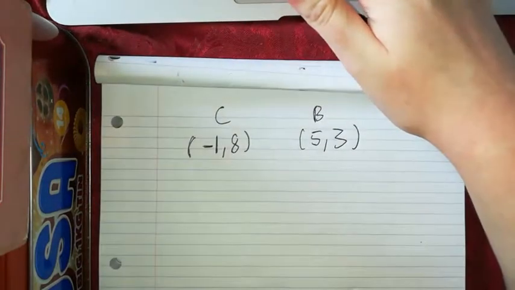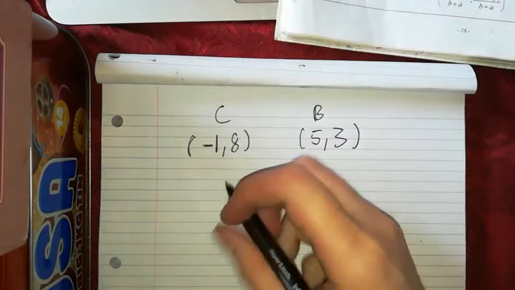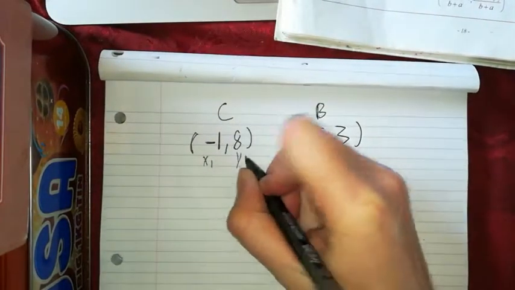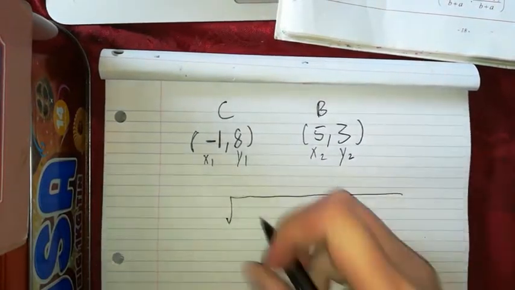If I want to get the distance in between now, I'm going to first write out my formula. I have to label one of them x1, y1, and the other x2, y2, and then write out my equation.